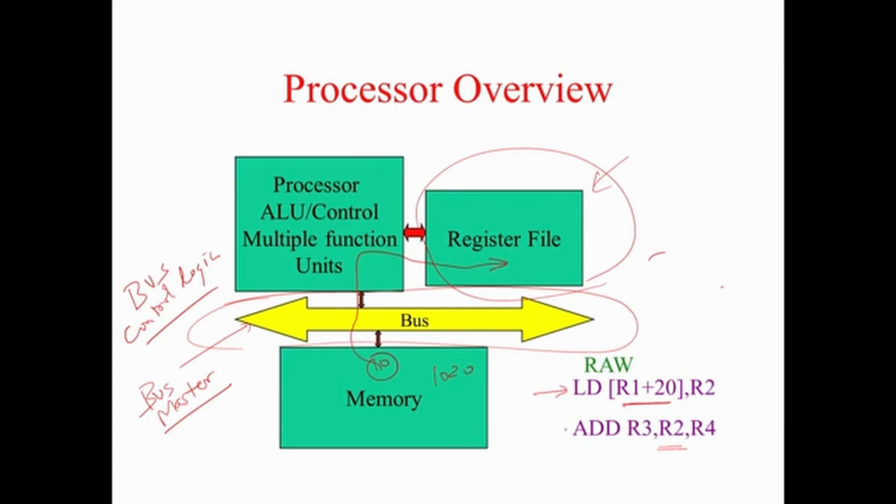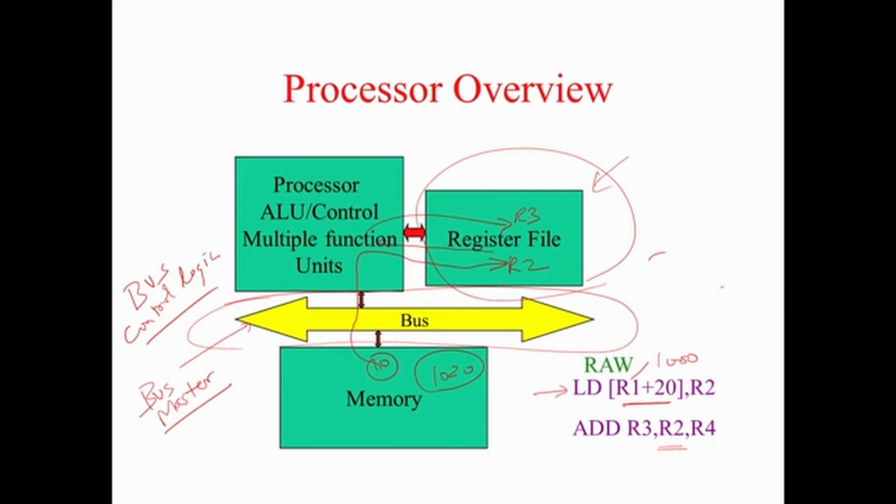And what will add do? It will read from the register file, perform the addition and then store back to the register file. So the load instruction takes the value from 1020, assuming R1 is storing 1000, let me say it is 10, and then stores it in R2. The next instruction that follows will read from R2 and do the addition here and write back the result onto R3, right.